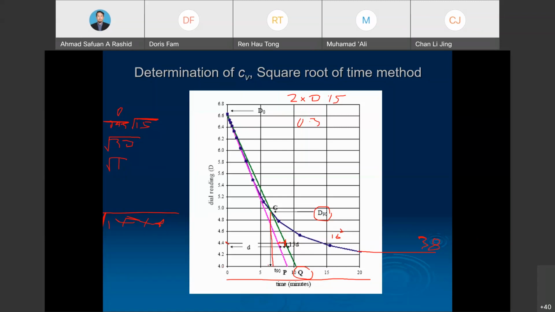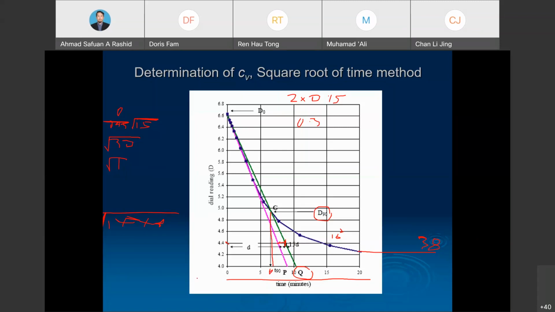So for example, for this case, the value for the T90, D90 akan dapat T90 lah, approximately as 6 for example. Please do not use 6 because it is under a square root scale. Then you need to power by 2.